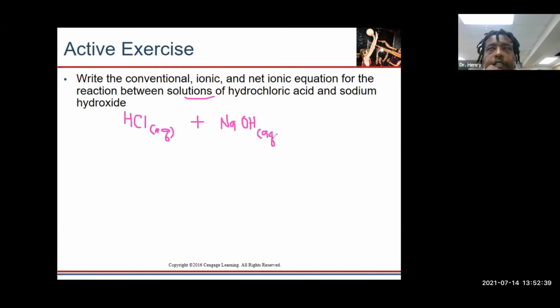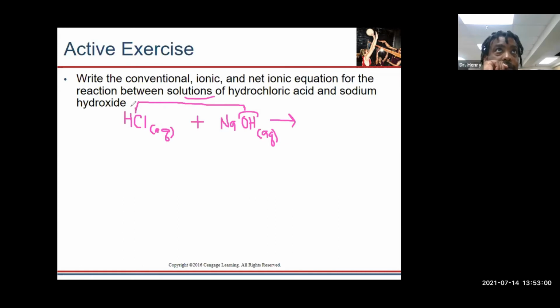So if it's a double replacement reaction, and we've talked about an acid and a base: if we have a strong acid and a strong base that come together, we're going to form what? This guy is going to hook up with this guy.